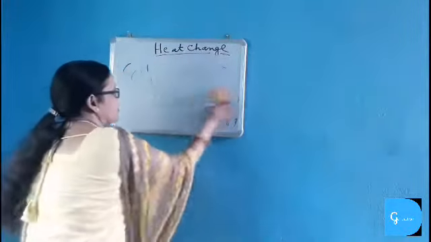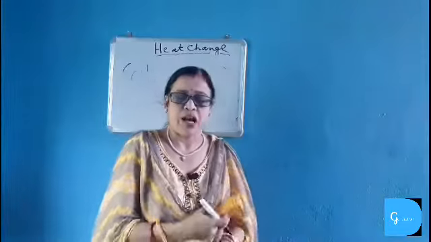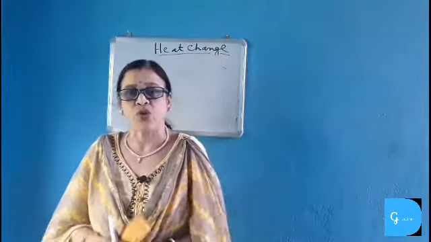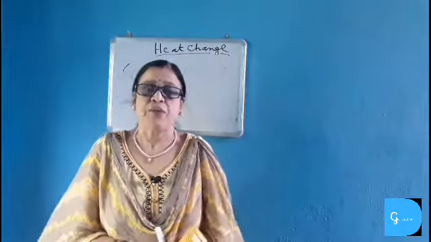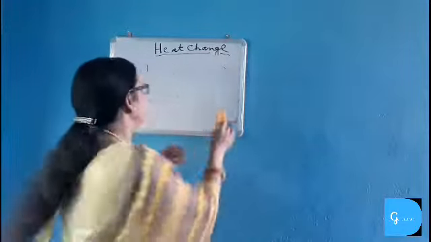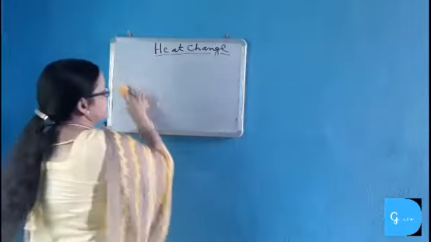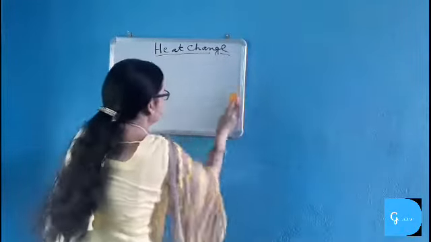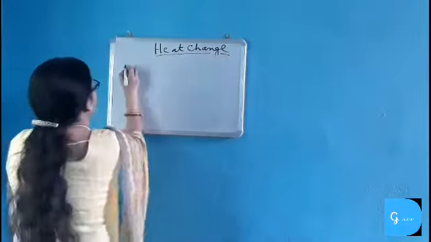And photosynthesis. In photosynthesis what happens? Carbon dioxide and water combine in presence of sunlight and chlorophyll and give starch plus release oxygen. As sunlight is a form of energy and is involved in this reaction, it is an endothermic reaction.